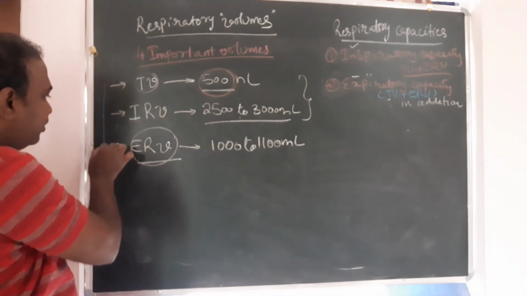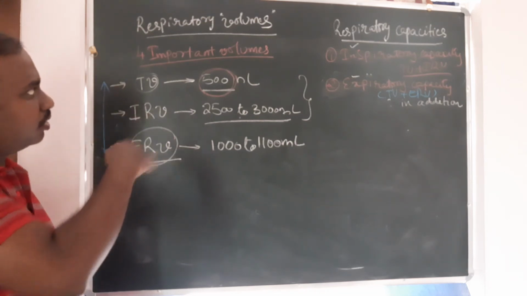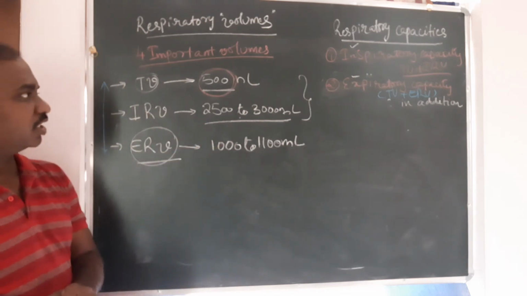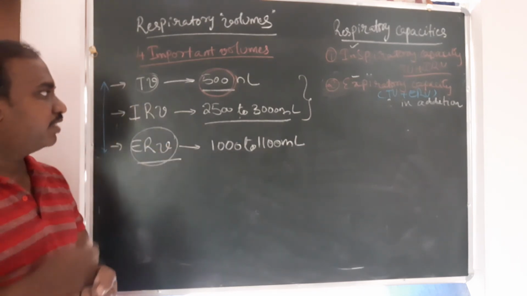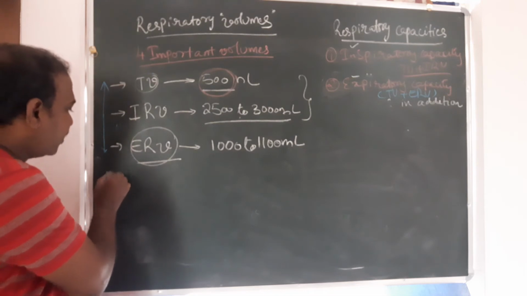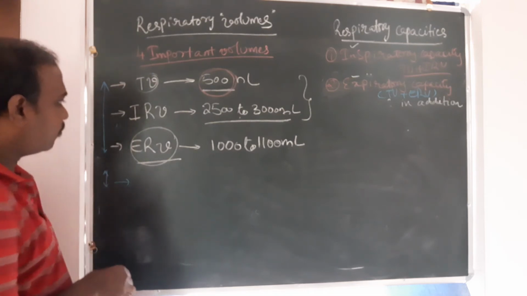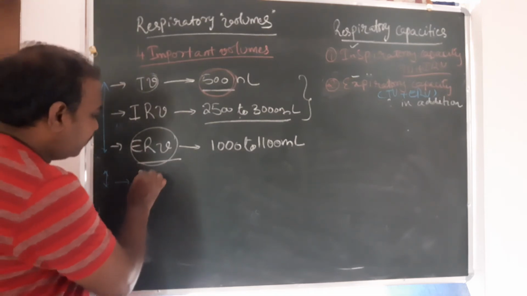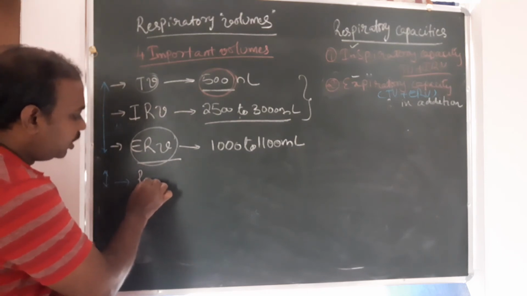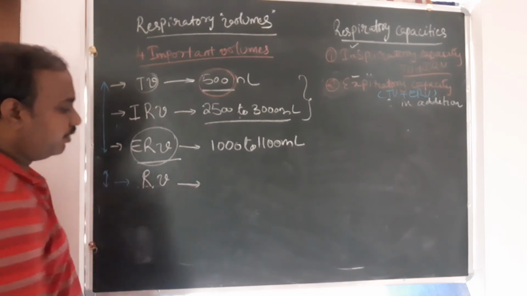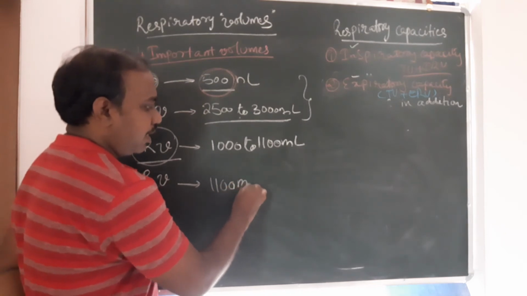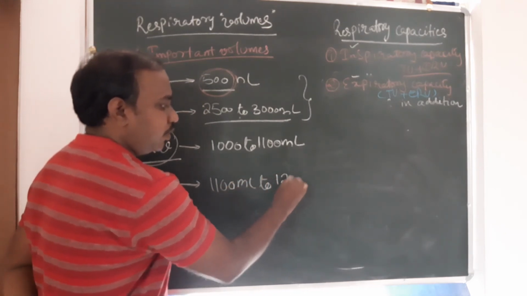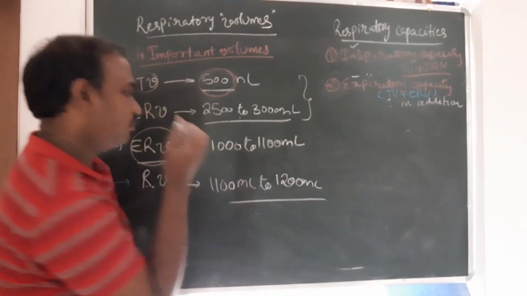So these three are related with the actual respiratory cycle, allowing the air into and out of the lungs. What is the other value that we have? The other value is the reserve value, right? Residual value, or simply we will write RV, and this one is 1100 ml to 1200 ml.